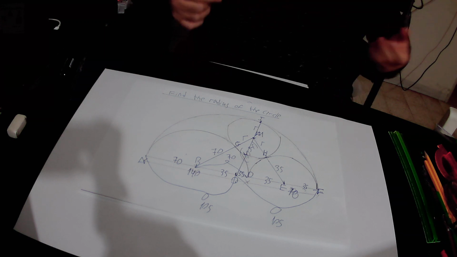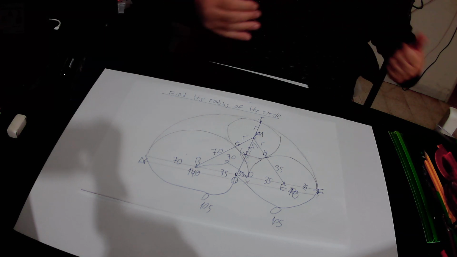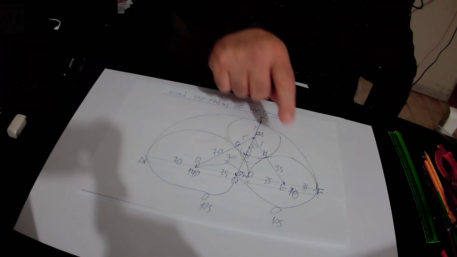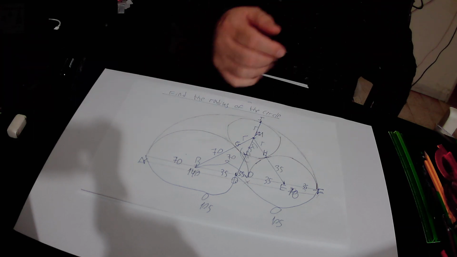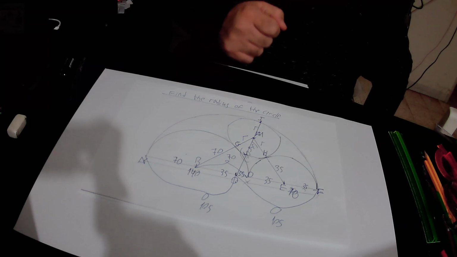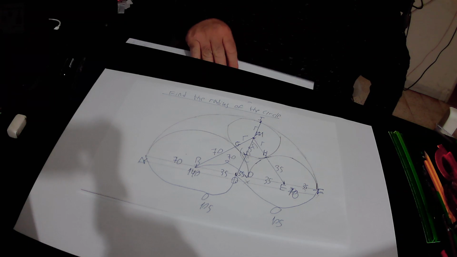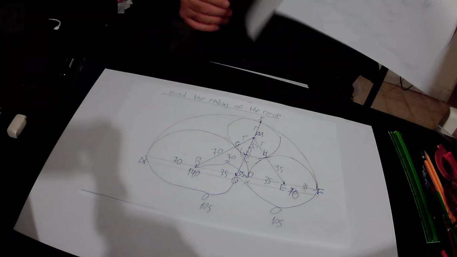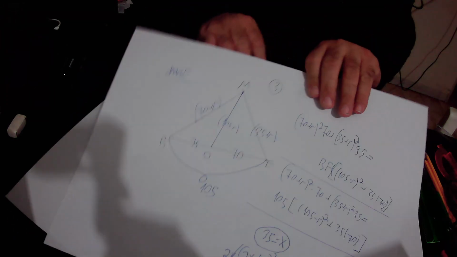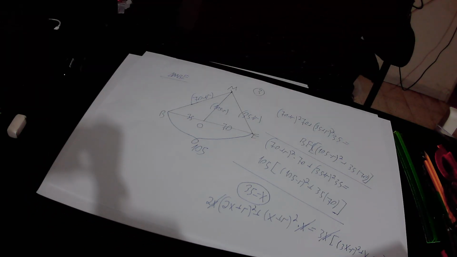So by implementing Stewart's theorem in our triangle MBE, we'll solve the equation, and we'll find out the value of R, that is the radius of this small circle, the radius that we are looking for. So this is actually triangle MBE that I copied from the original drawing.